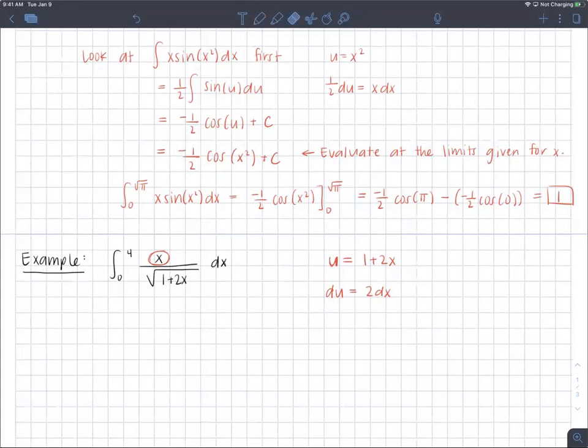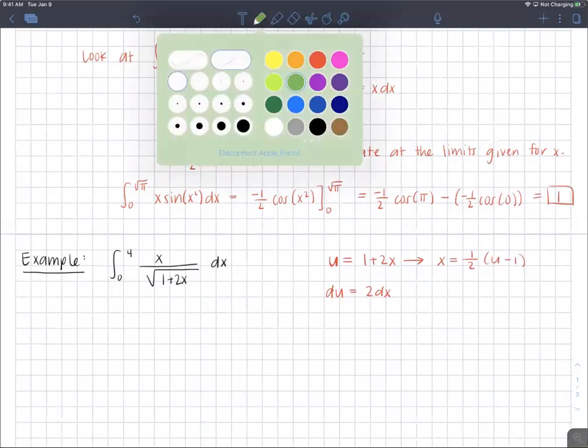Where else do I have an equation that relates x and u already? Yeah, the u equals 1 plus 2x. So if I take this and I solve this for x, you would get that x equals 1/2 times u minus 1.